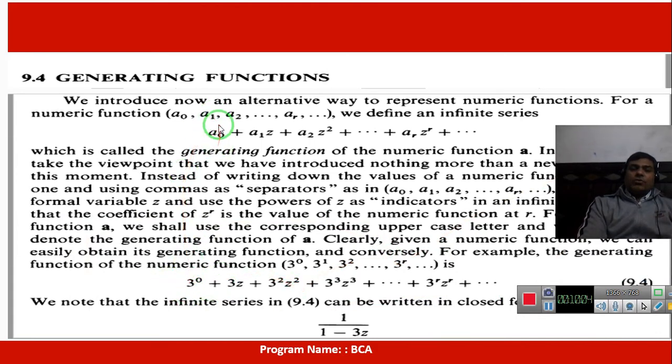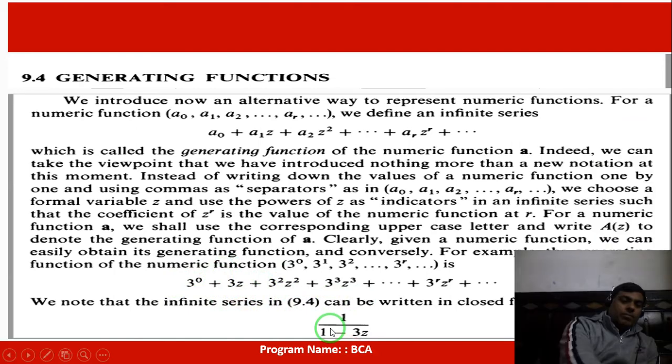Just put the value of a0 as 3^0, a1 as 3^1, a2 as 3^2, ar zr, that is 3^r. So this series becomes, what will be the solution of this series? I will explain with the help of paint.